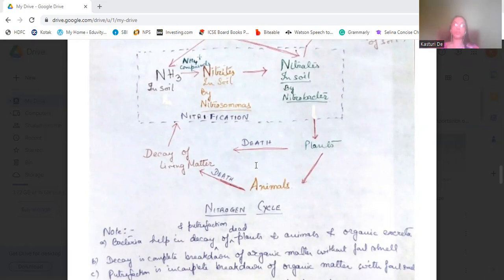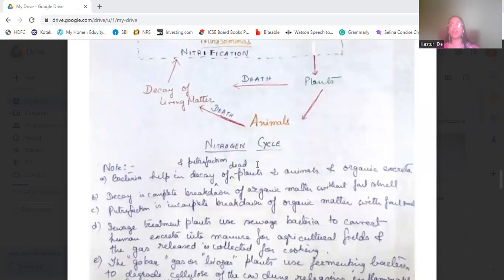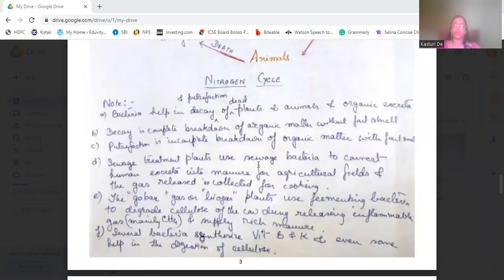Okay, certain notes are there. Bacteria help in the decay and putrefaction of dead plants and animals and organic excreta. When animals release their feces and excretions, those are converted, and even the dead plants and animals are decayed and converted into certain useful substances.